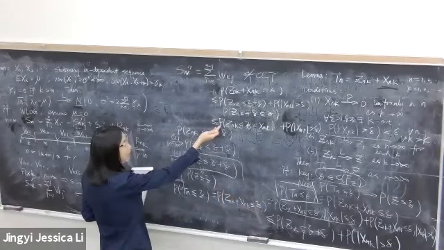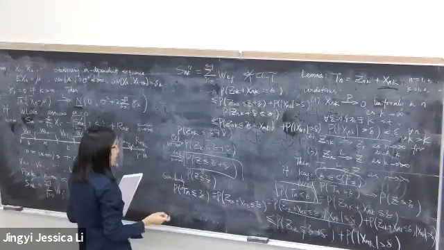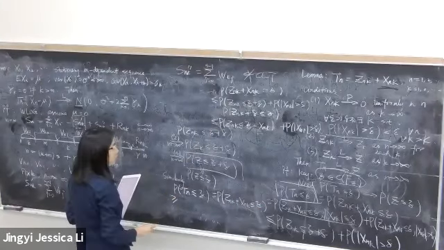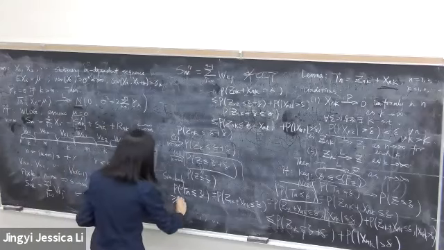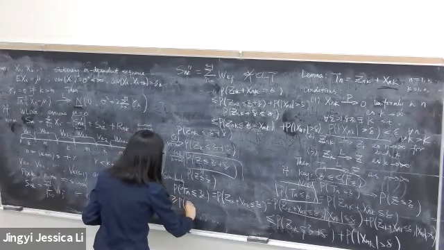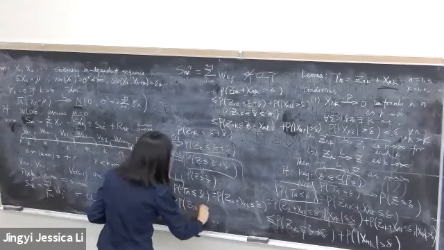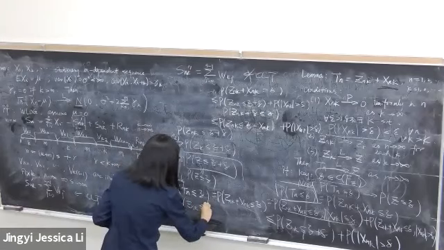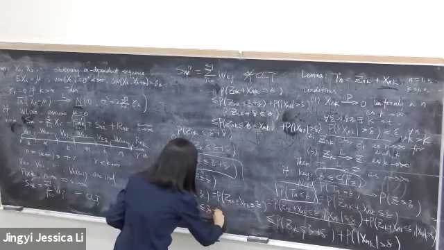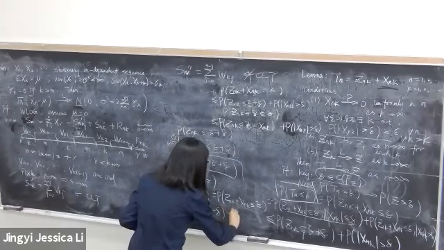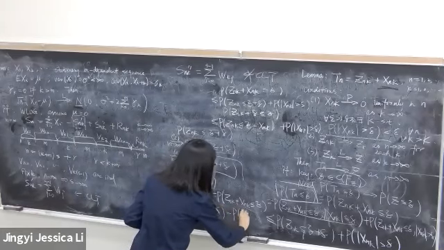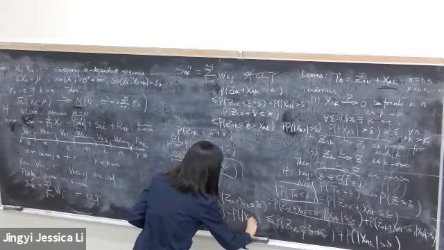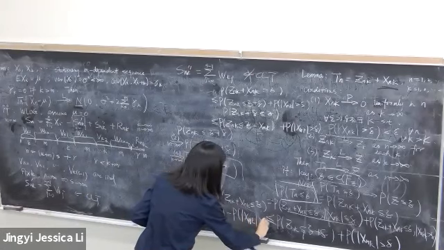So now I'm obtaining a lower bound, and the lower bound is greater or equal than the probability that Zk is less or equal than z minus delta, minus the probability of Xk greater than delta.